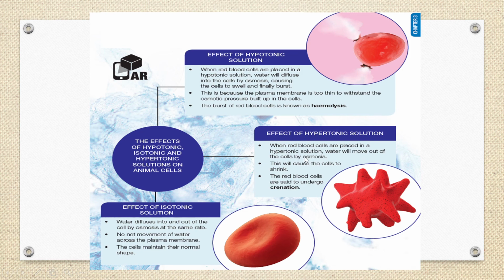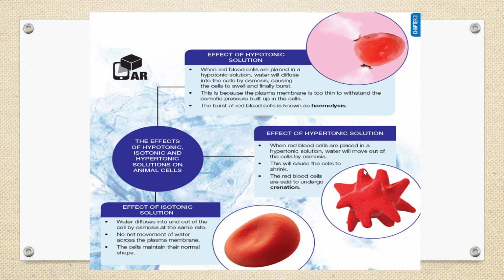Do not forget osmosis, which will cause, this is the observation, the cell to shrink. And there's another term that you need to know for red blood cells: it is now undergoing crenation.